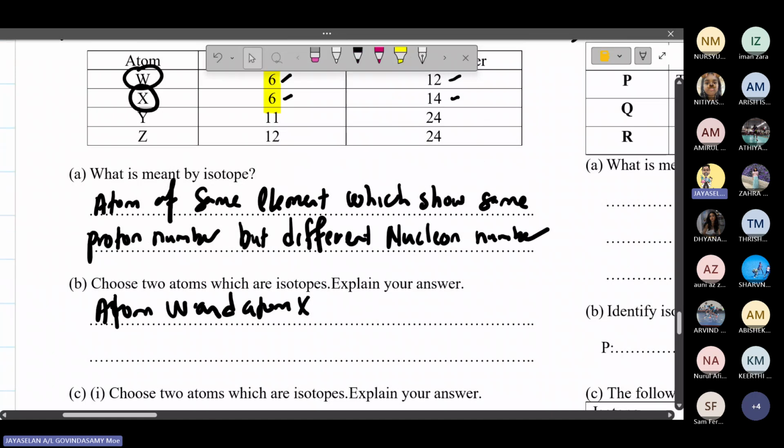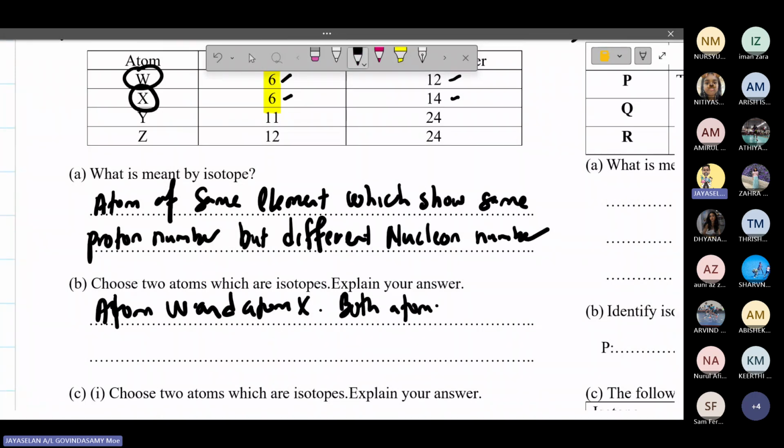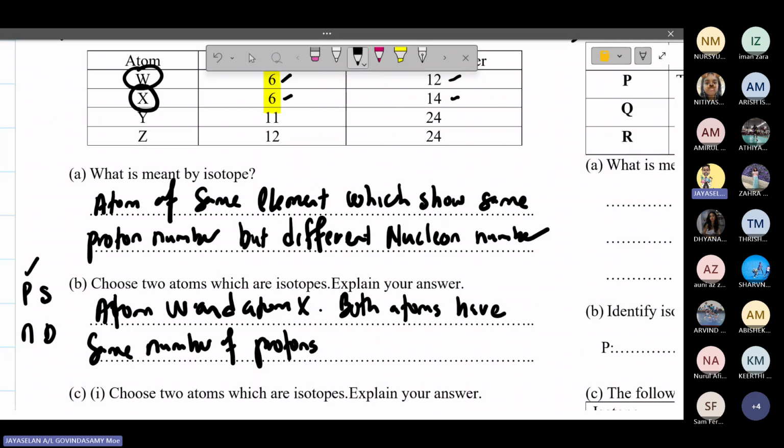Any question? Explain your answer. So I put here both atoms have same number of protons. Their P and N: this one same, this one different, right? How to answer P?